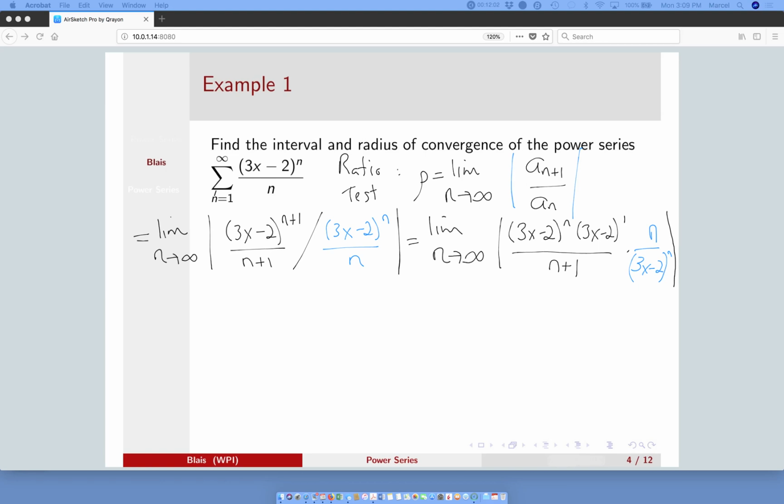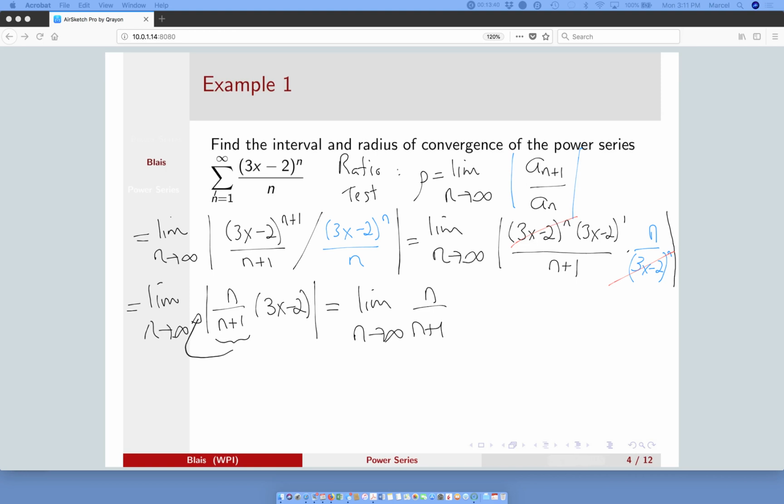Now we cancel where we can. The (3x minus 2) to the n's cancel. And this becomes the limit as n goes to infinity of the absolute value of n over n plus 1 times the quantity 3x minus 2. Now, we note we can rewrite this as the limit as n goes to infinity of n over n plus 1 times the absolute value of 3x minus 2.